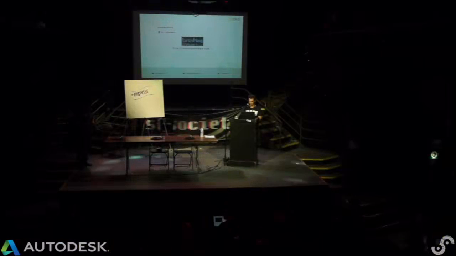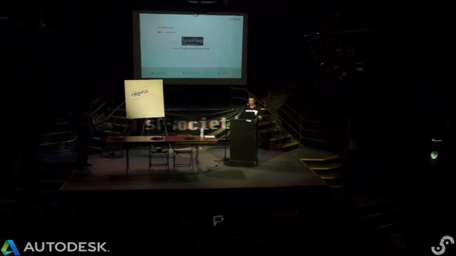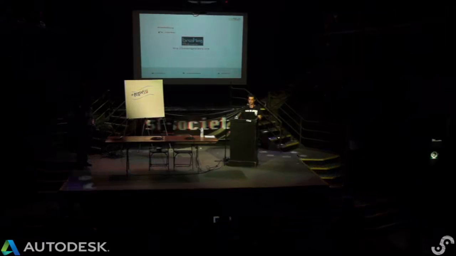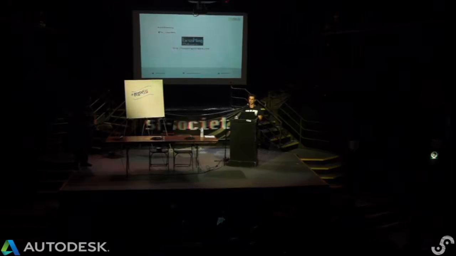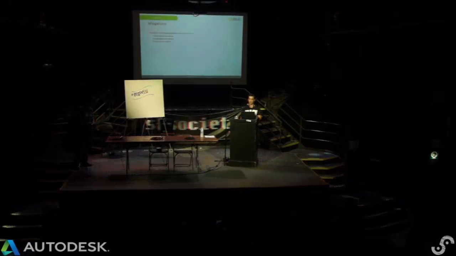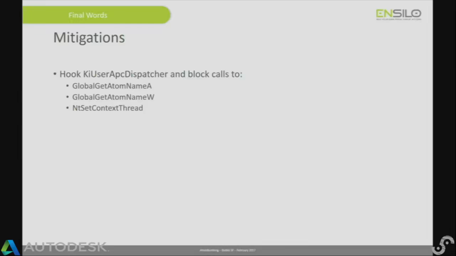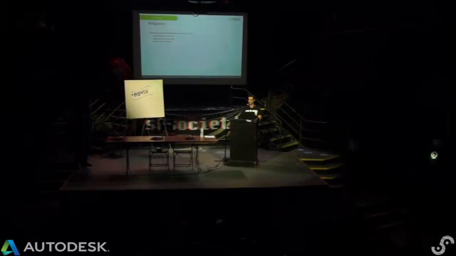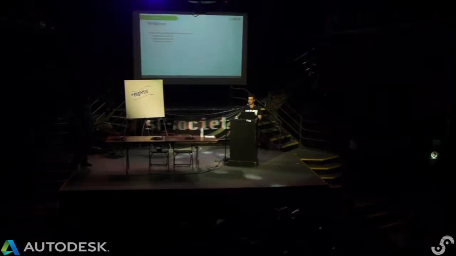Any more questions? Yeah. No, so they can be used legitimately. They shouldn't be. Yeah, sorry. Yeah, you're right. So the three functions that I said that we should just block, why not just block them entirely? And why do they even exist if nobody can use them legitimately? So what I meant to say was these functions can be used legitimately, just not within the context of an APC.